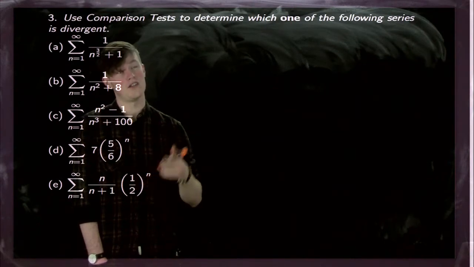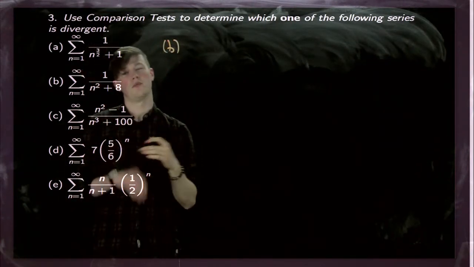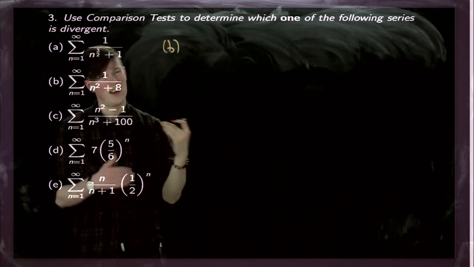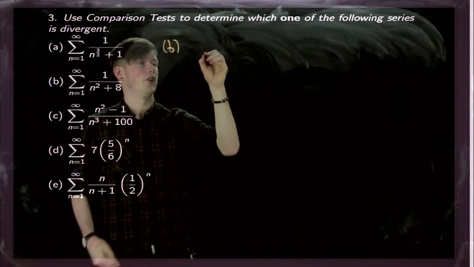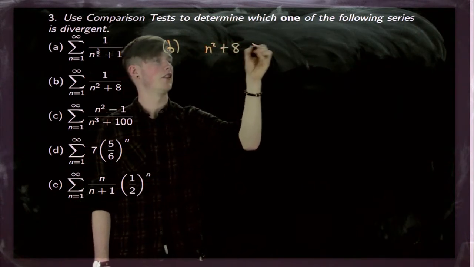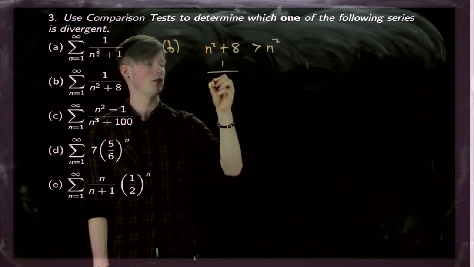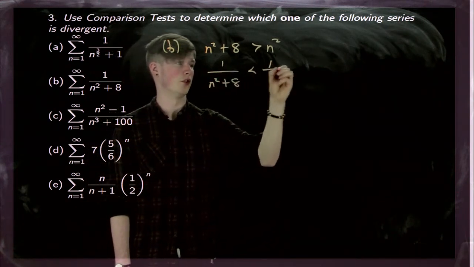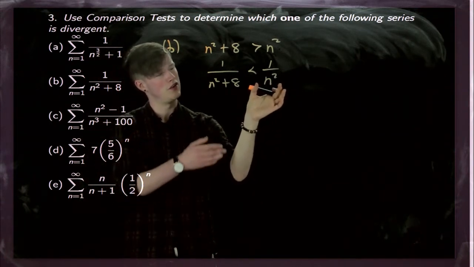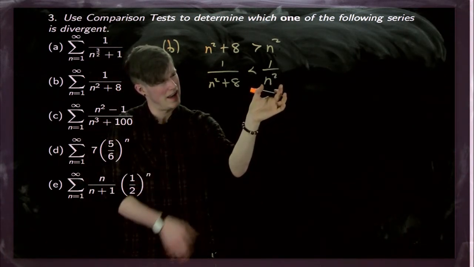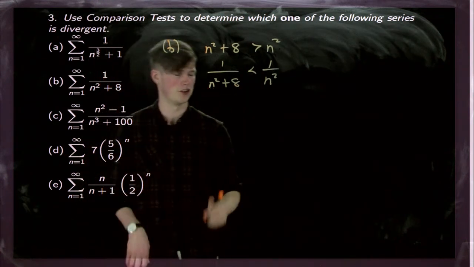Okay, so b is very similar. You've got this quotient 1 over n squared plus 8. And our instinct again should be that the n squared is going to determine the behavior. So n squared plus 8 is greater than n squared. So if we flip, 1 over n squared plus 8 is less than 1 over n squared. If I can show the series where this is the bn converges, then by the direct comparison test the series we want converges.